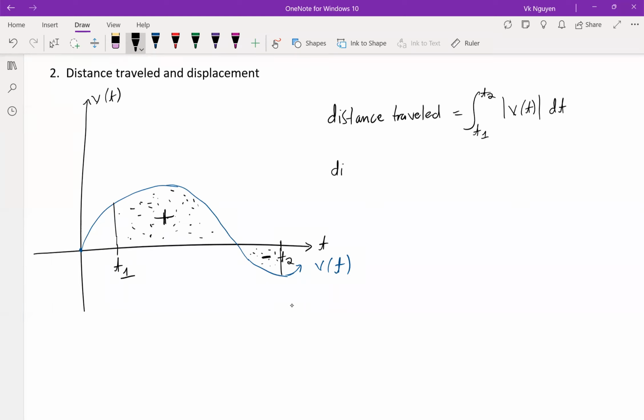And displacement. Remember, the car runs for a distance and then U-turns, it goes back. So the displacement is somewhere in between the starting point and the U-turn.